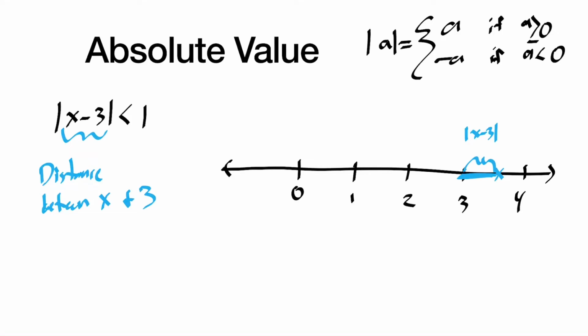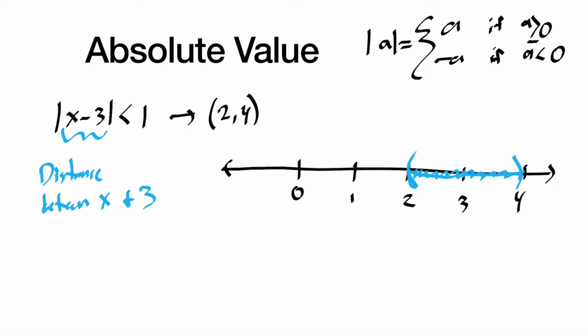And that ends up being a really nice representation, because now, as I think about this problem, what are all the values where x minus 3 is less than 1? Well, I start at 3, and then I move 1 in this direction, and I move 1 in that direction. And so I can see right now, without doing any work, that this absolute value inequality is the exact same as the range from 2 to 4.